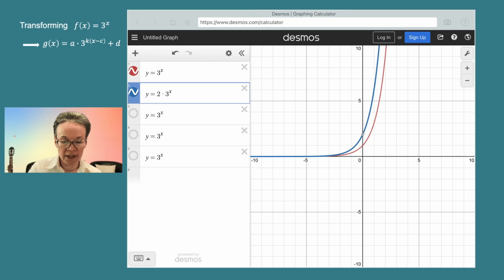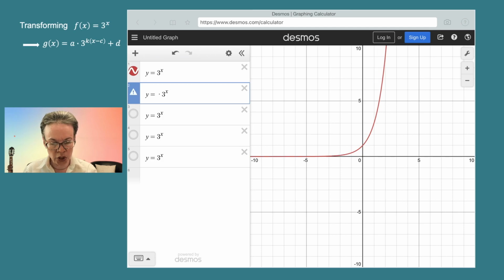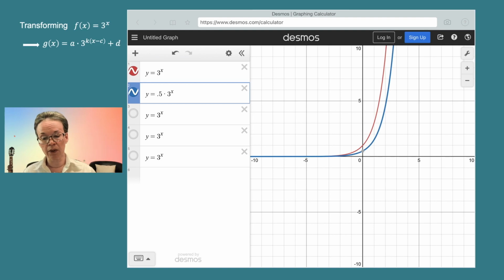Now what happens if I change the 2 to a number between 0 and 1? So let's keep it simple and choose 0.5. If you look now at the graph, look at the blue graph. Now the blue went below the red graph.